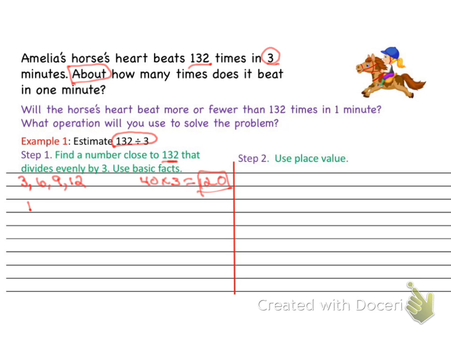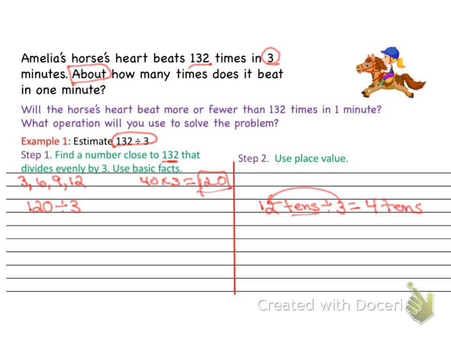So now I'm going to take my 120 divided by 3, which, if you like to use place value, would be 12 tens divided by 3. Now we know 12 divided by 3 is 4. And since these are tens, we carry that word over: tens.